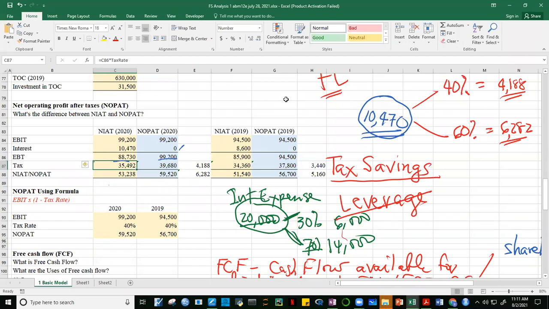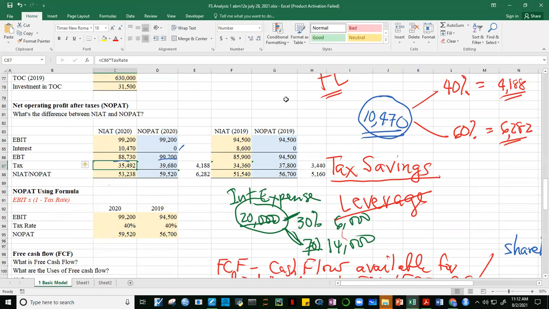So it's not right to just say, ay, wala tayong available funds, wag na lang natin, let's not engage in that. The right answer would have been to source out funds and then just make sure that the return of that project should be greater than the weighted average cost of capital. Maling answer yung wala tayong funds.